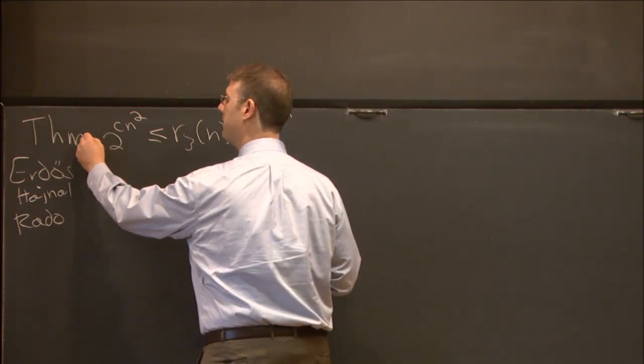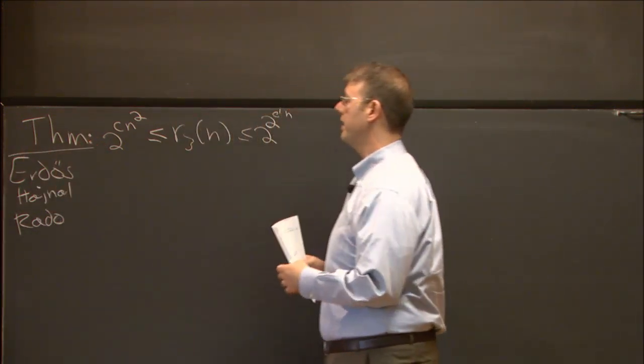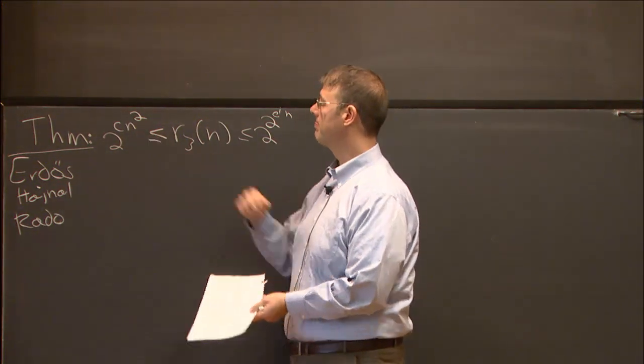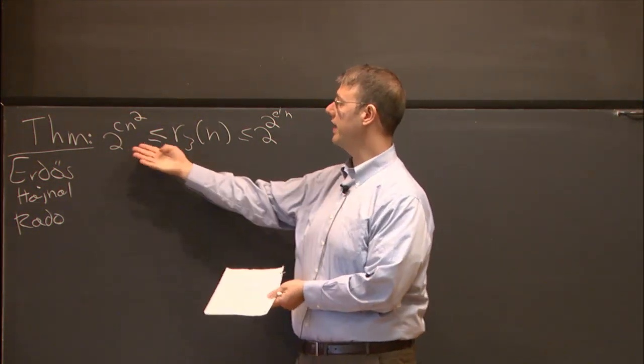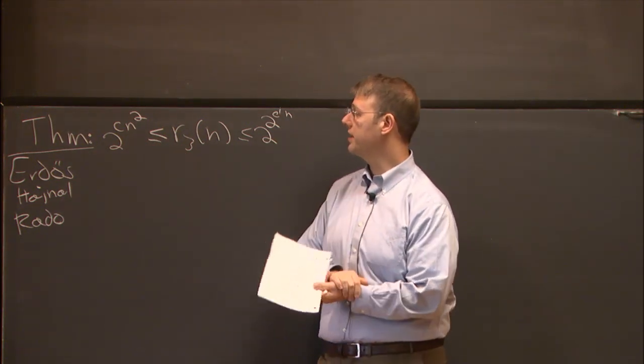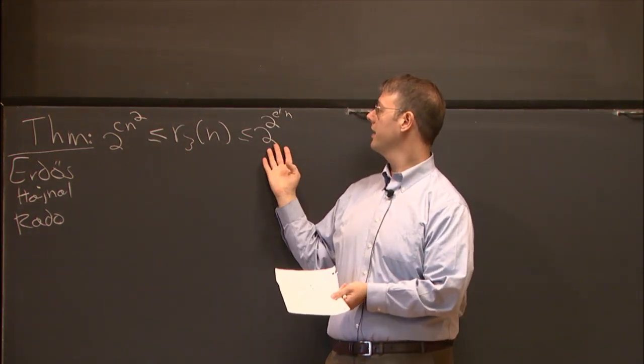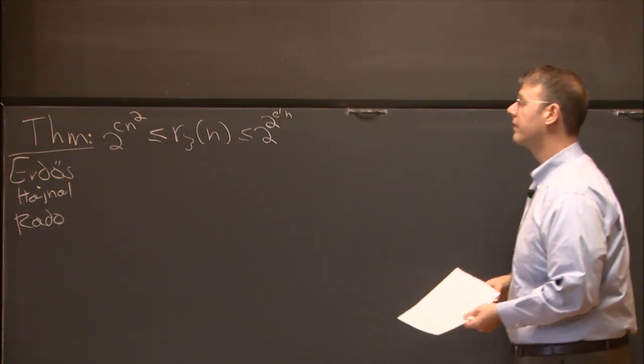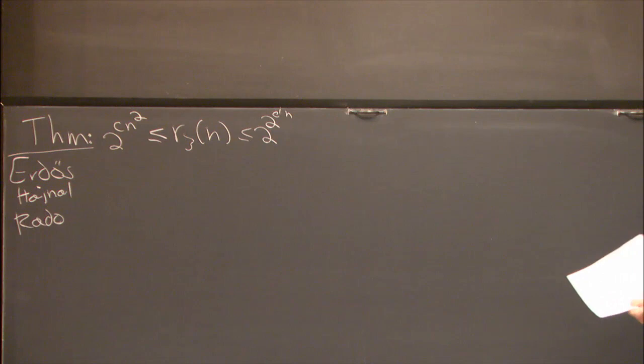So if you color the triples with two colors and you want a monochromatic little n set, the lower bound right now is still exponential in n squared, and the upper bound is double exponential in n. These are also two different papers, like two subsets, right?